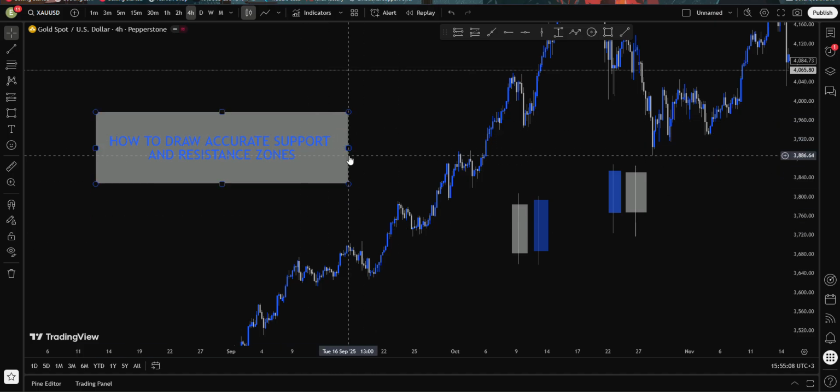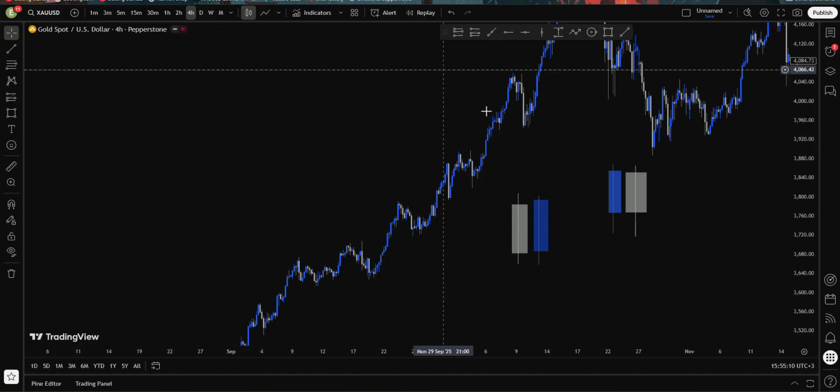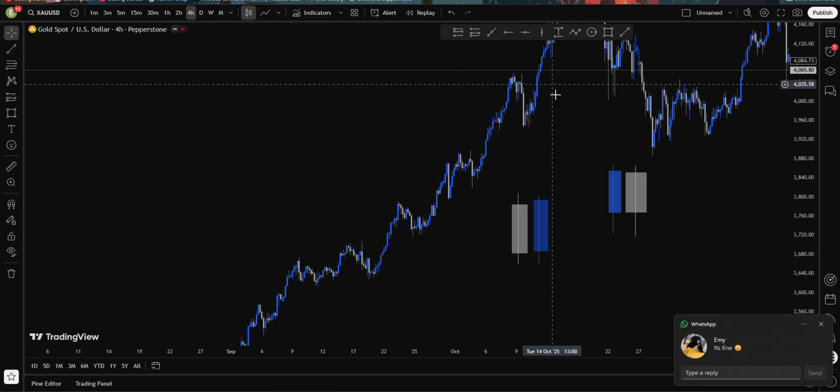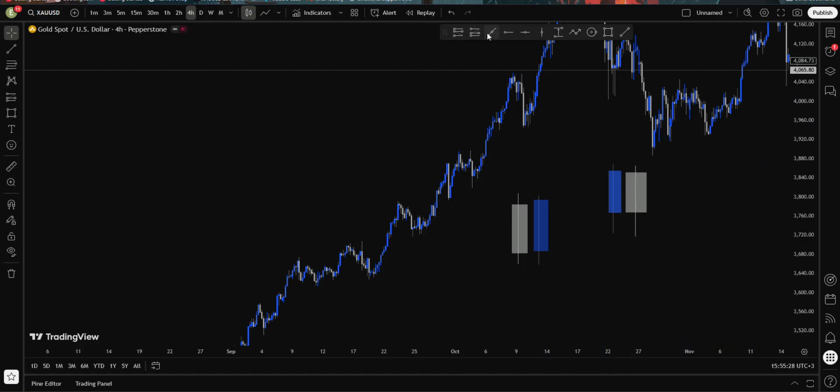Most of you have been drawing them in an inappropriate way, so you end up having a huge stop loss. But when you draw them in a very good way, you end up risking less and the return is high. If the market goes against you, you lose less, because trading is all about risk, so you have to risk less.